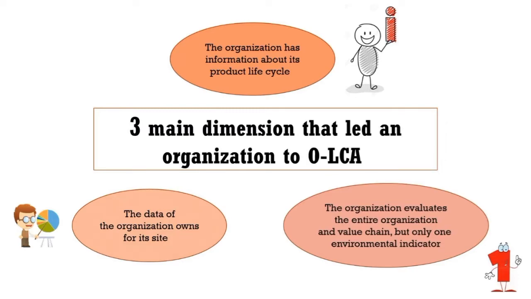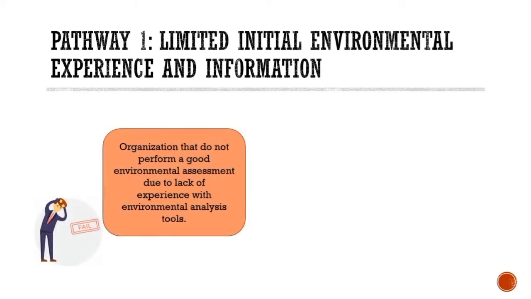An organization's particular path can also be a combination of multiple paths, because there is no single path for every situation. In Pathway 1, limited initial environmental experience and information. The first approach refers to organizations with little or no experience with environmental analysis tools, and therefore no prior comprehensive environmental assessment.